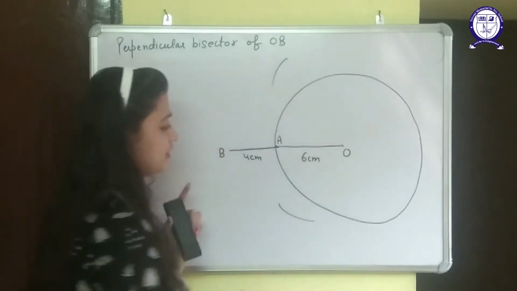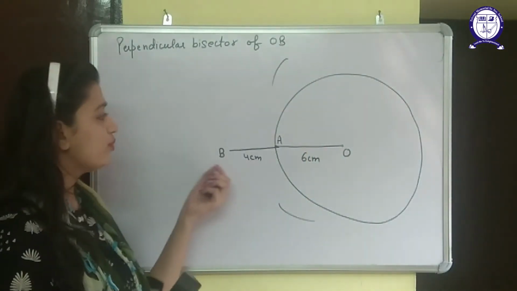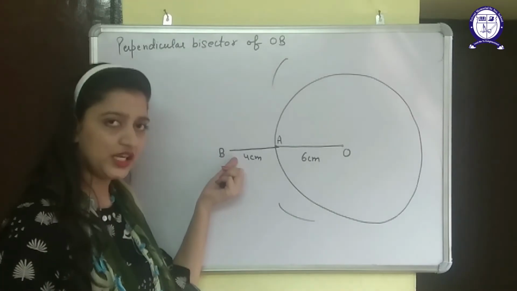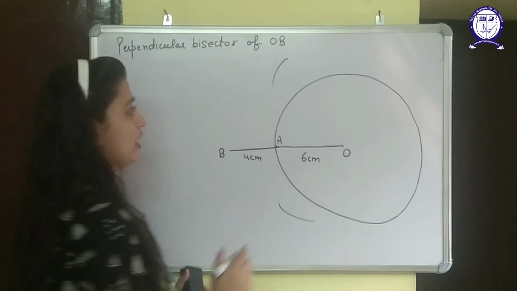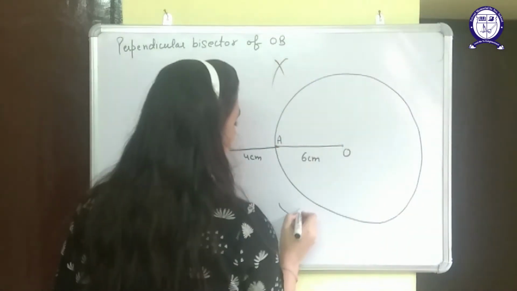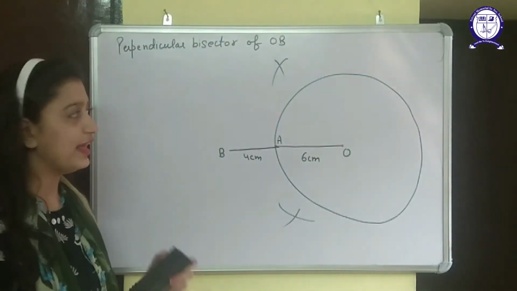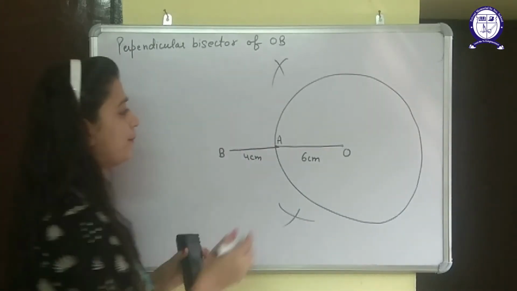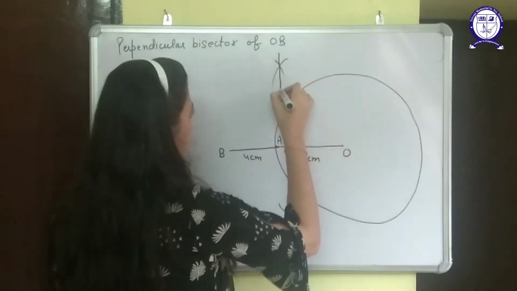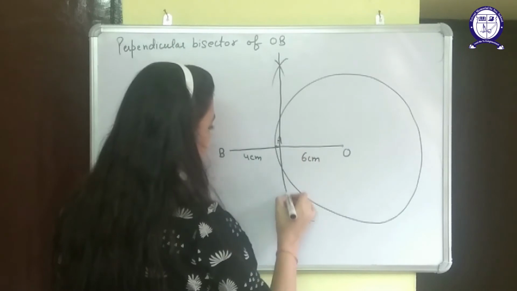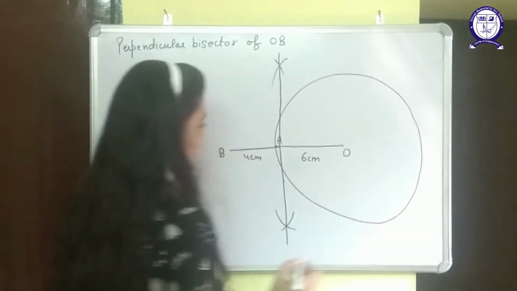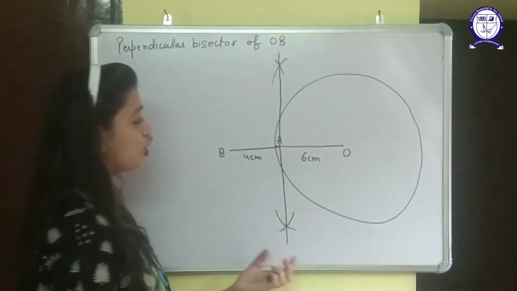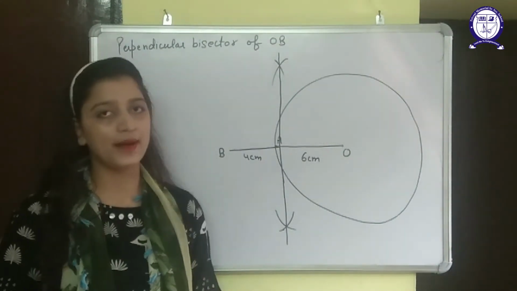Now putting the compass on B and again making an arc of the same length, they will intersect like this. Then I will join these 2 points with a straight line. So this is my perpendicular bisector.